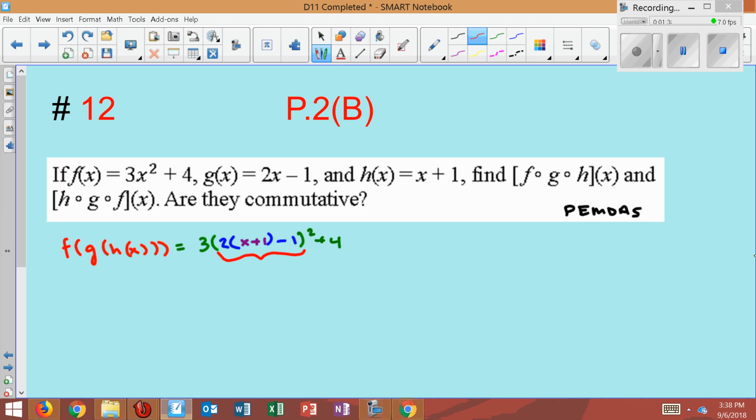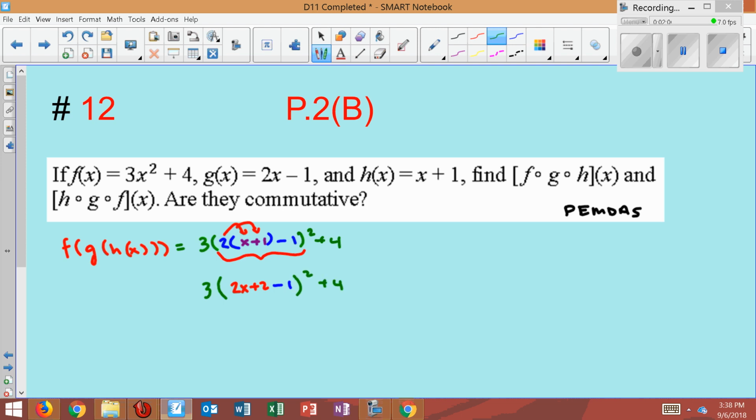So the 3 remains unchanged, but inside that parenthesis, 2 distributes, and so I have 2x plus 2. That's from there and there. And then I'll have this minus 1. It remains unchanged, so let me put it in blue so we don't get confused. And then I have this squared plus 4.